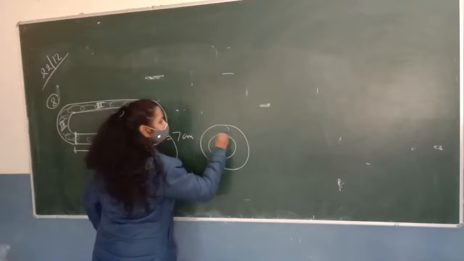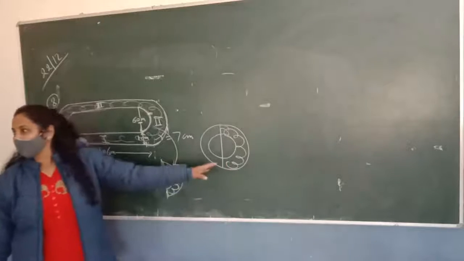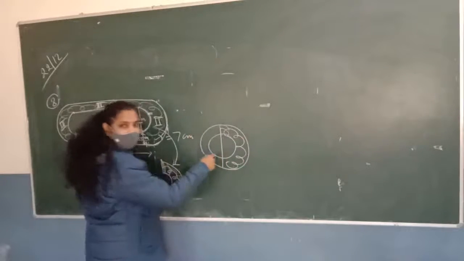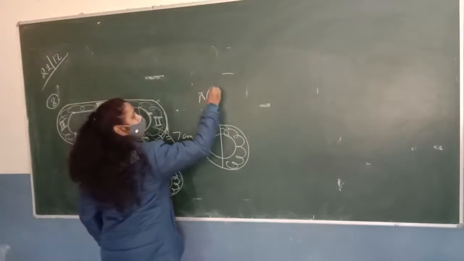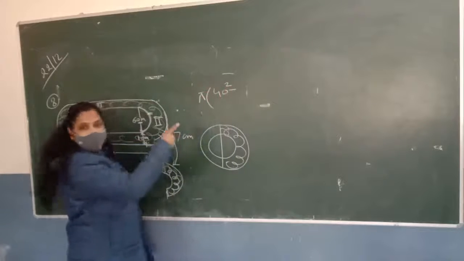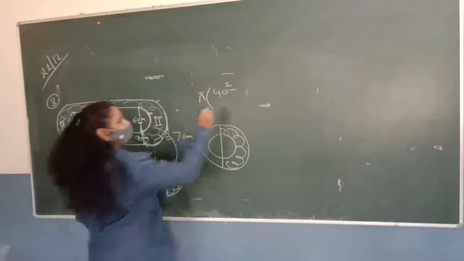How can we find the area of the half portion of the ring? We will separate the inner area from the outer one. Pi into 40 square is the area of the outer portion, and pi into 30 square is the area of the inner portion.